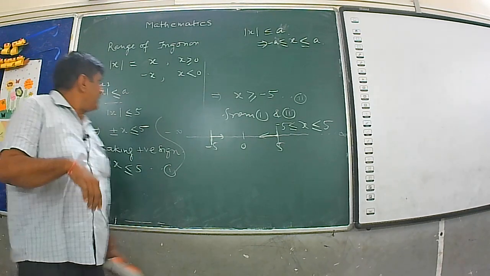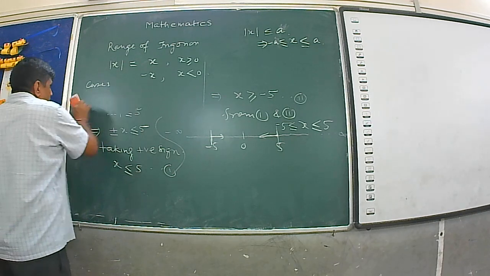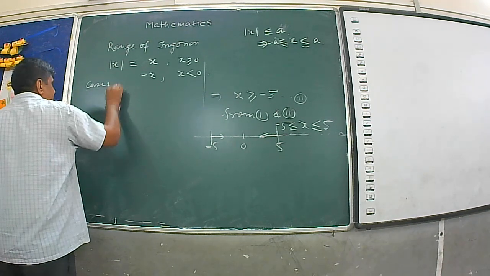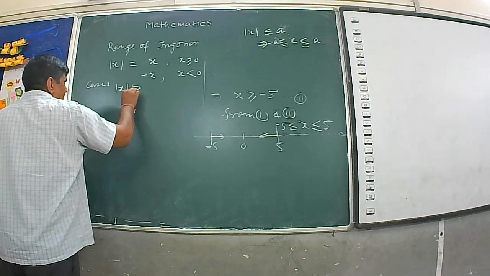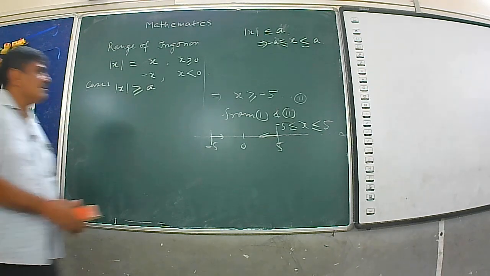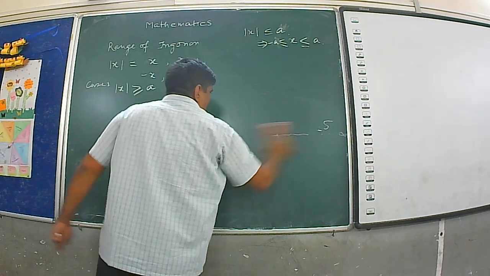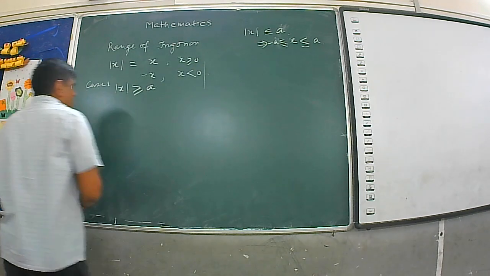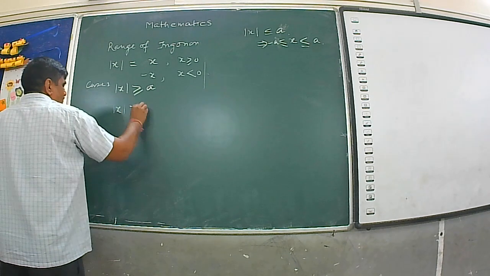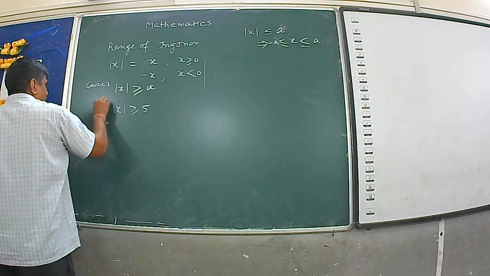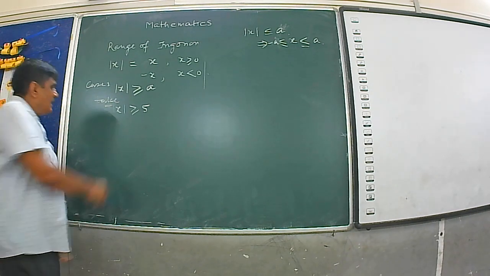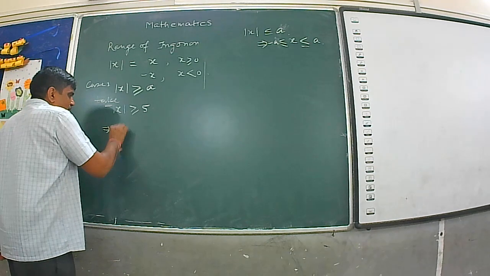Now taking case 2, if mod x is greater than or equal to a, we again take an example: mod x greater than or equal to 5. Mod x is equal to plus or minus x.